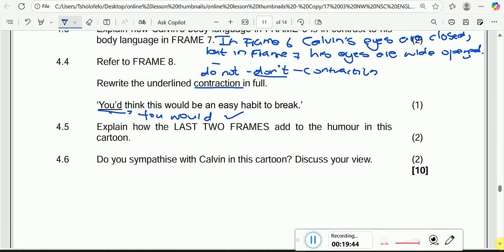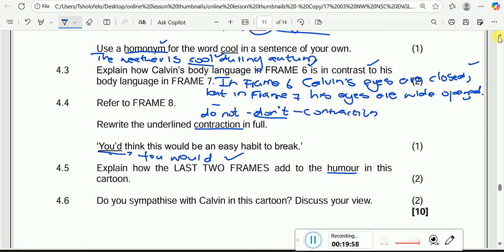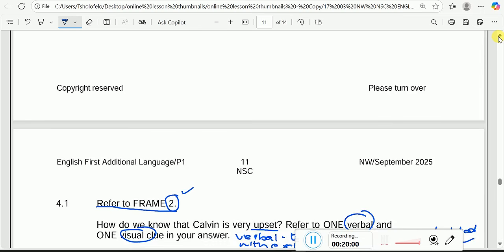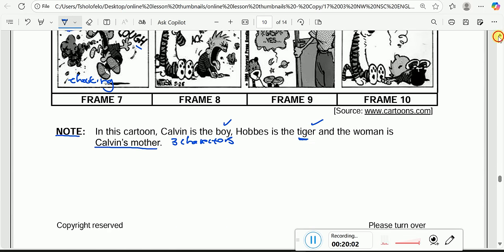Explain how the last two frames add to the humor in this cartoon. Remember, I said if a cartoon is funny, it means that you must be in a position to explain what makes it funny. And for you to respond to this question, unpack the storyline.